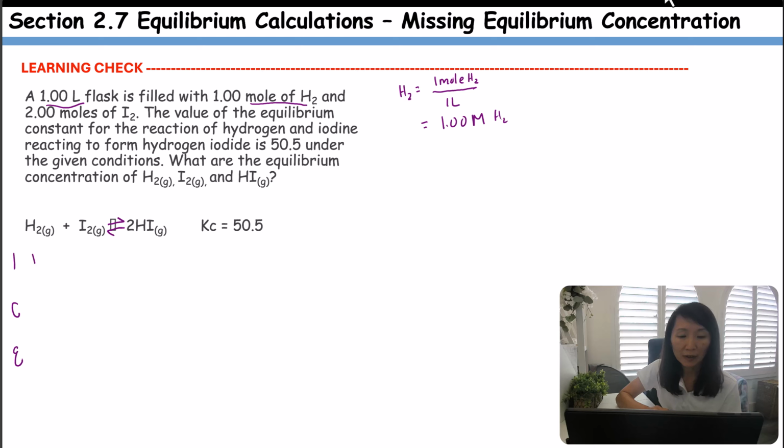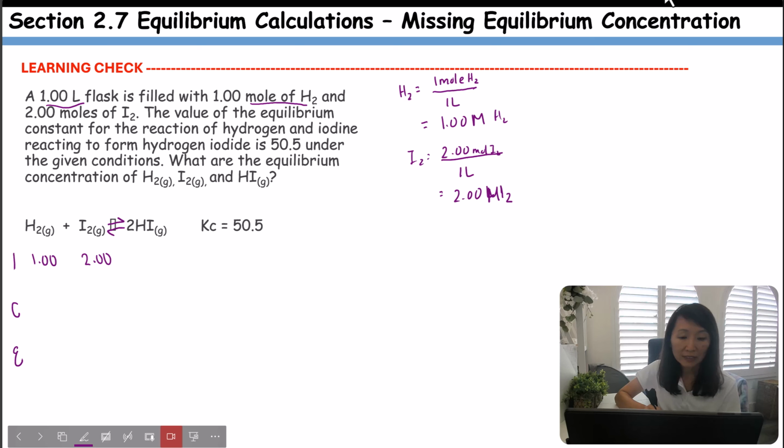So in the beginning, you have 1.00. For iodine, it tells you that you have 2.00 moles of I2 over 1 liter, so this is really 2.00 molarity of I2. Now we have 0 of HI since no product has been formed.